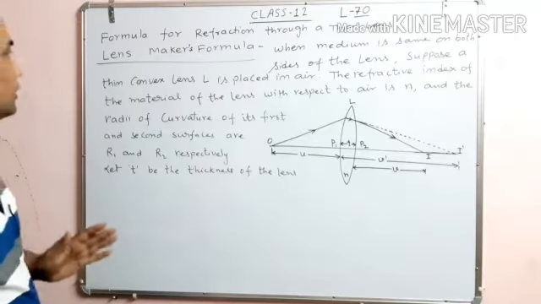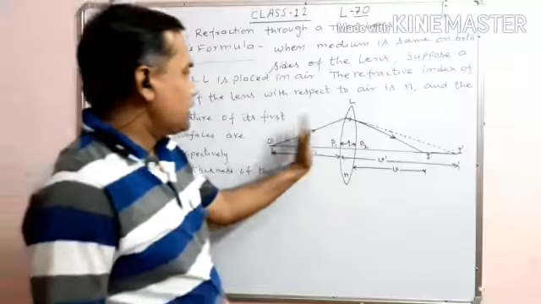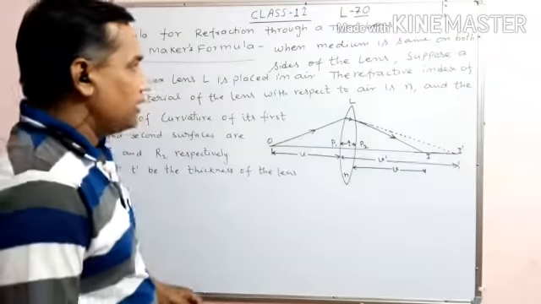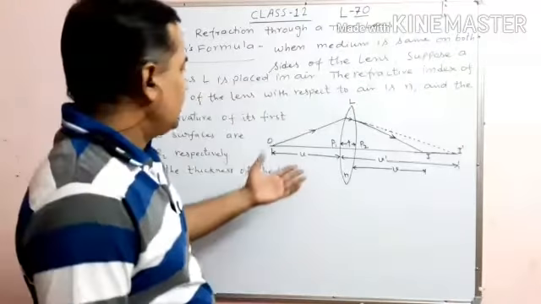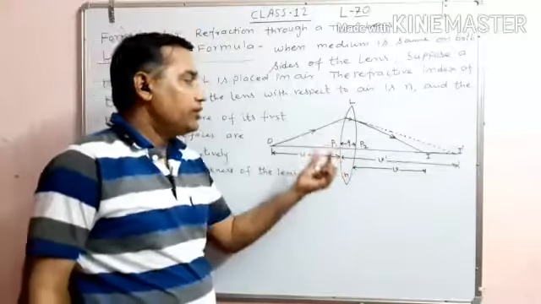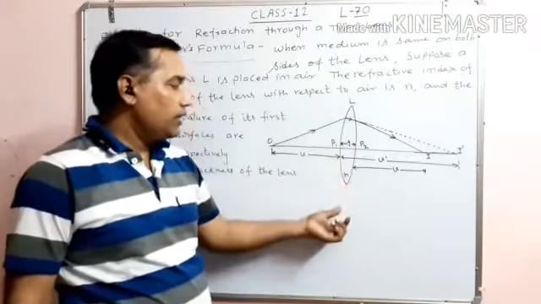Now from this formula, when the medium is the same on both sides, the lens is placed in air here. Suppose the thickness of the lens is t and the surfaces are P1 and P2. Its radii of curvature are R1 and R2 respectively.